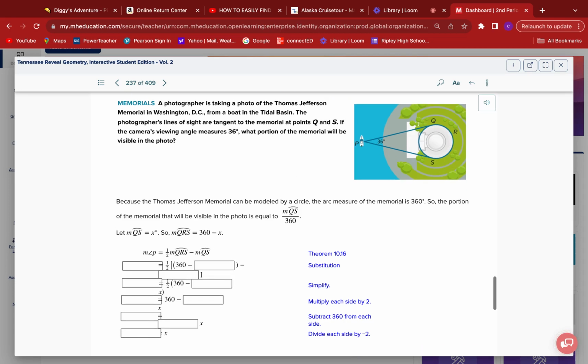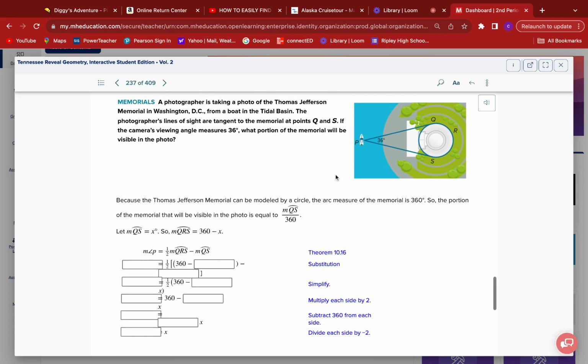Okay, so let's see here. Angle P is half of the difference. So angle P, which is 36, is half of 360 minus X, because you're taking the major arc, 360 minus X, you're subtracting the minor arc, X, dividing by 2 to get your exterior angle, 36 degrees.